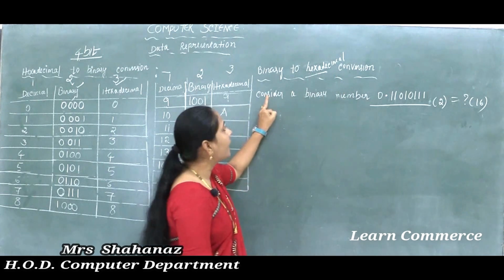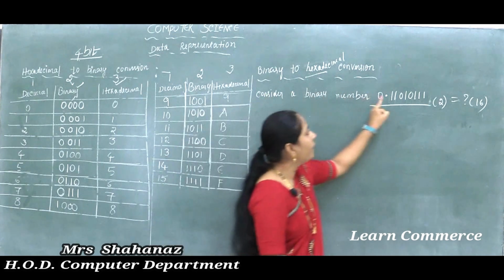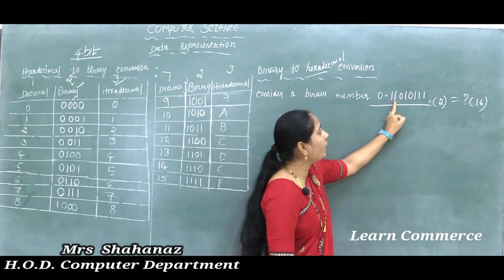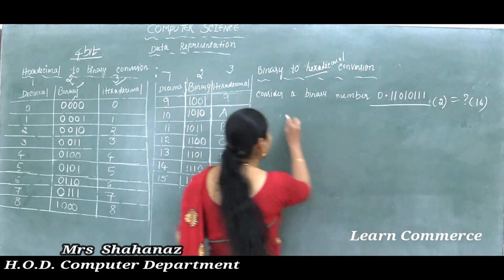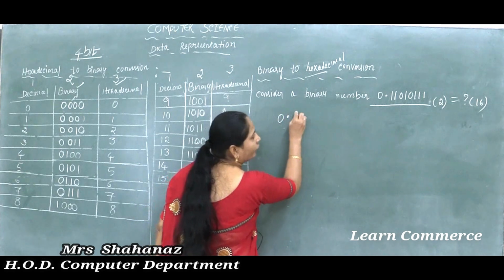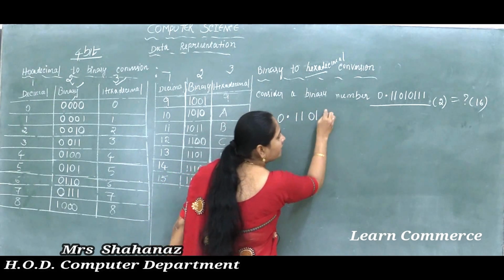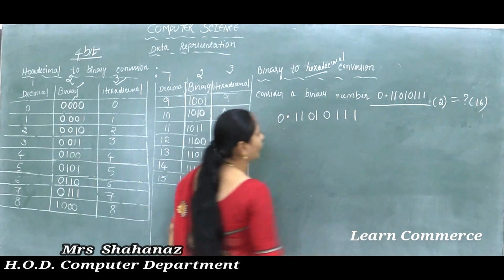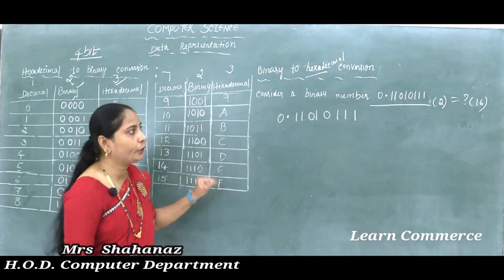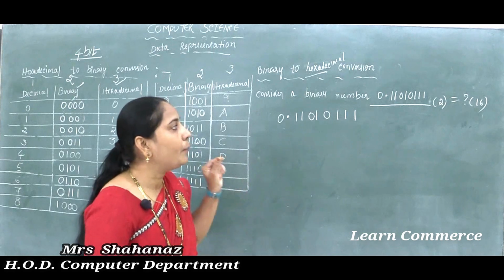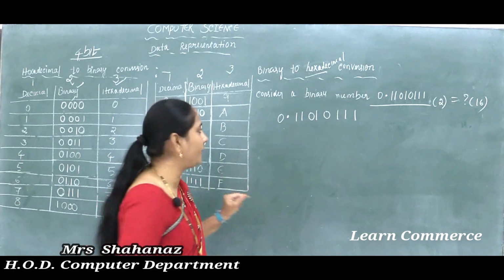The question is, consider the binary number 0, fractional point 11010111. Correct? So this is the question. Clear this one? Now this question I need to convert from binary to hexadecimal.